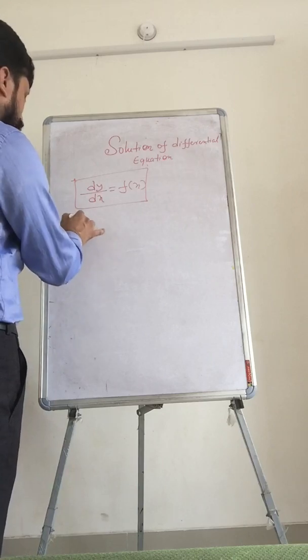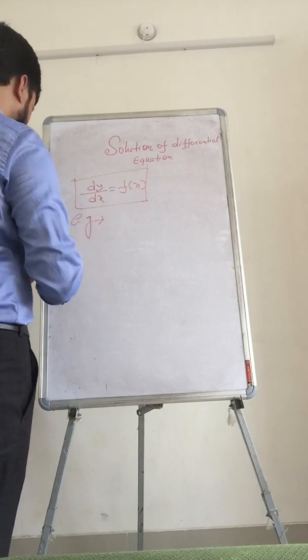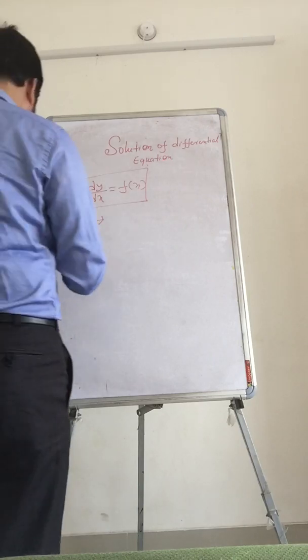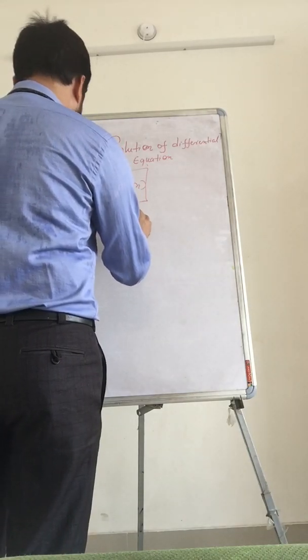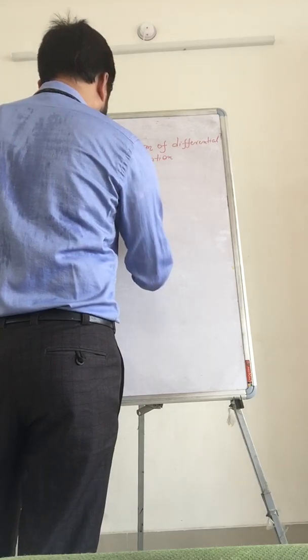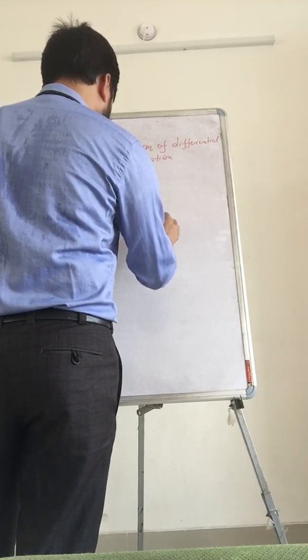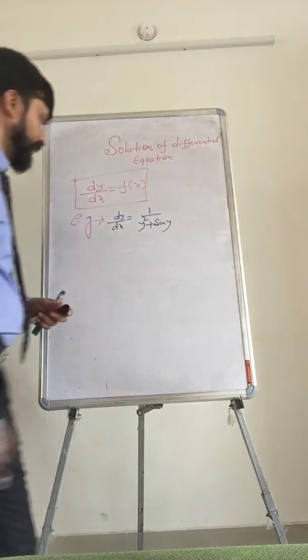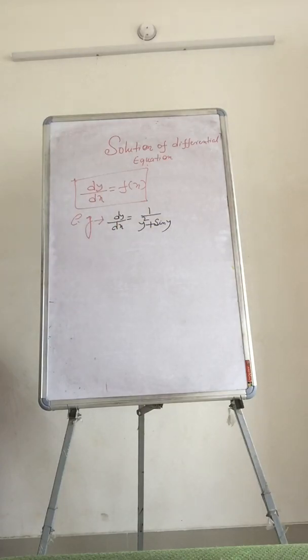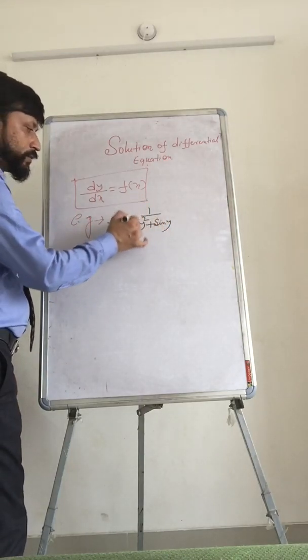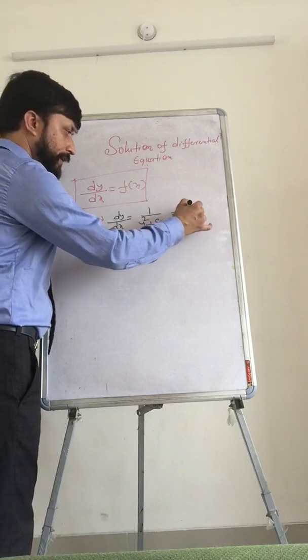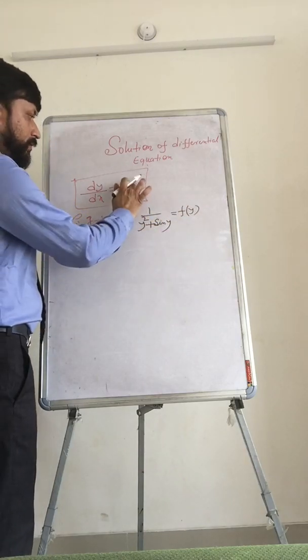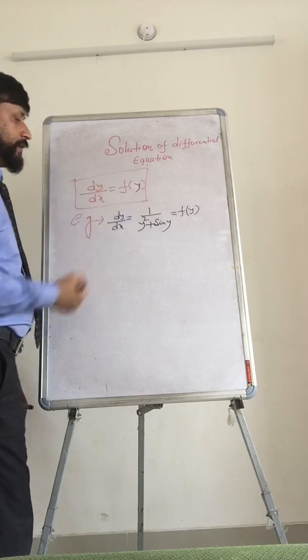Take one example: dy by dx equal to 1 by y square plus sin y. See, here this is a function of x, and this is a function of y, f(y). So this second type is f(y).